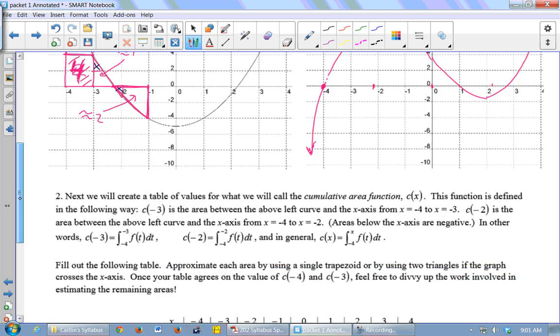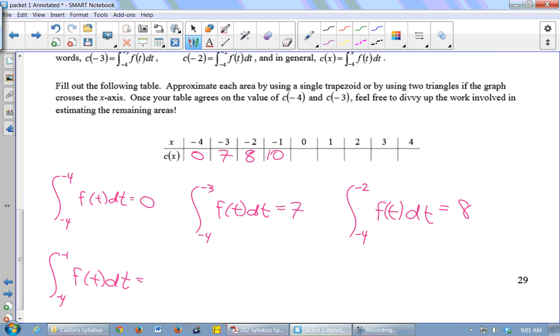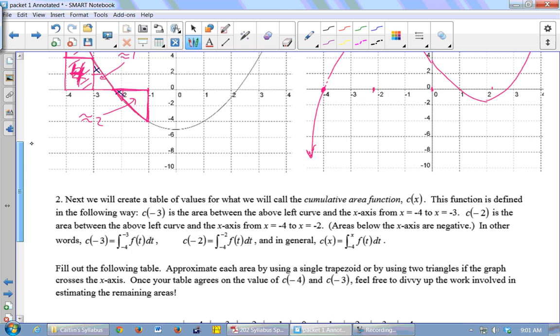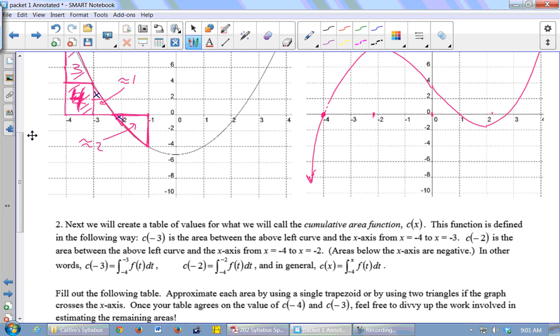Okay, yeah, so that one is about 2, but it's below the x-axis, so it's -2, right?